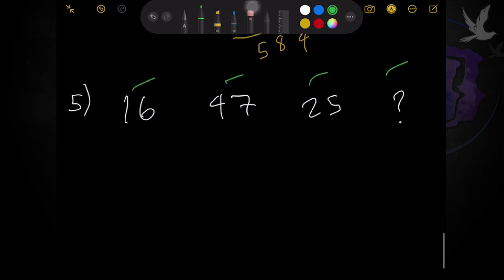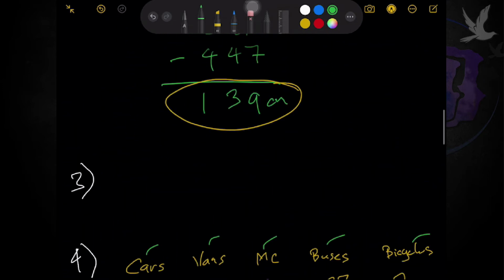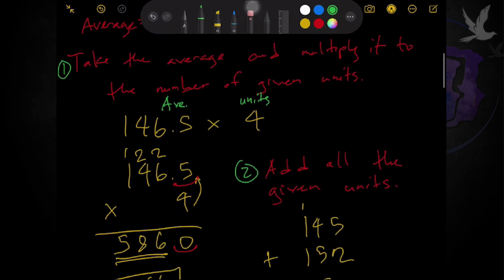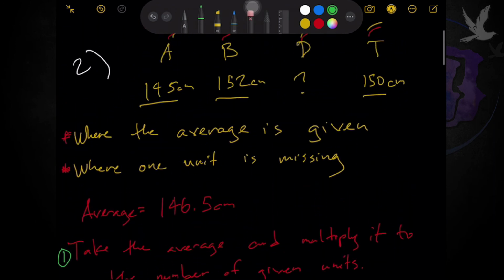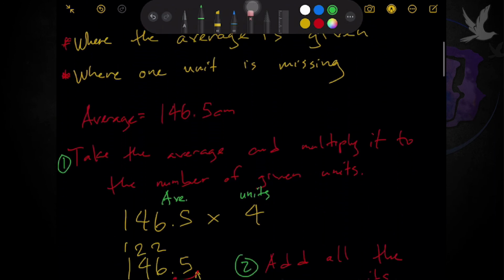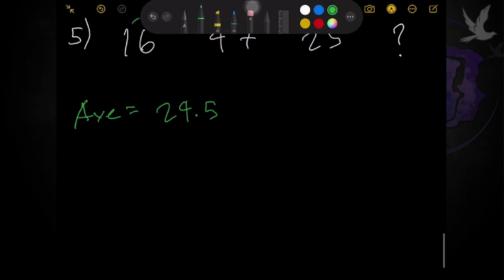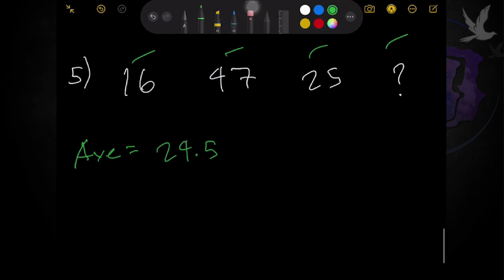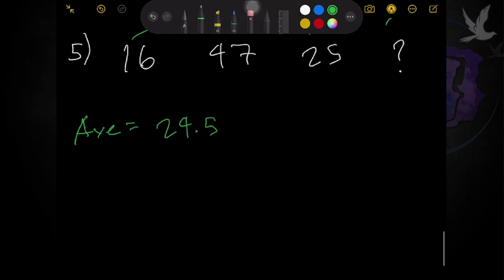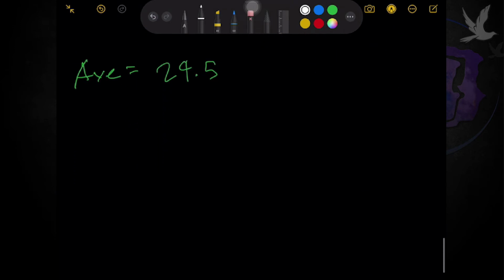And you also have your given average, which is equivalent to 24.5. So this is the same as number 2. So just try to do this process. Take the average and multiply to the number of units. You have 4 units there. Then add all the units, and then later on subtract nyo lang. Ganun lang kadali.